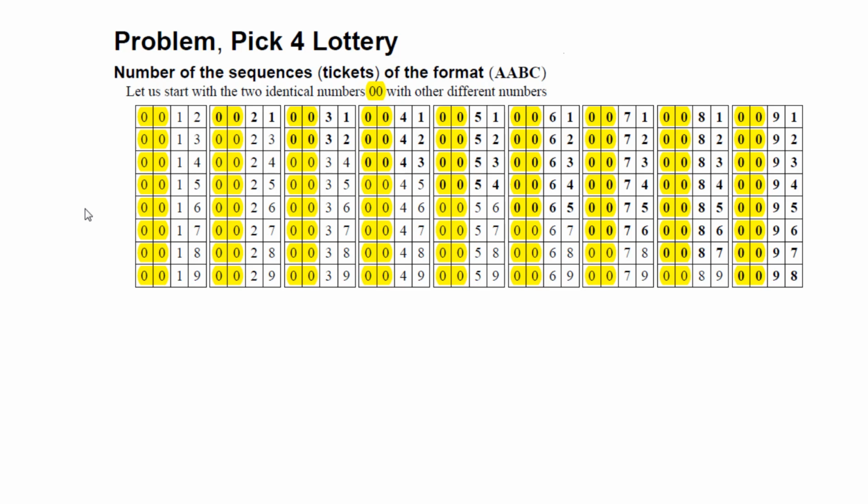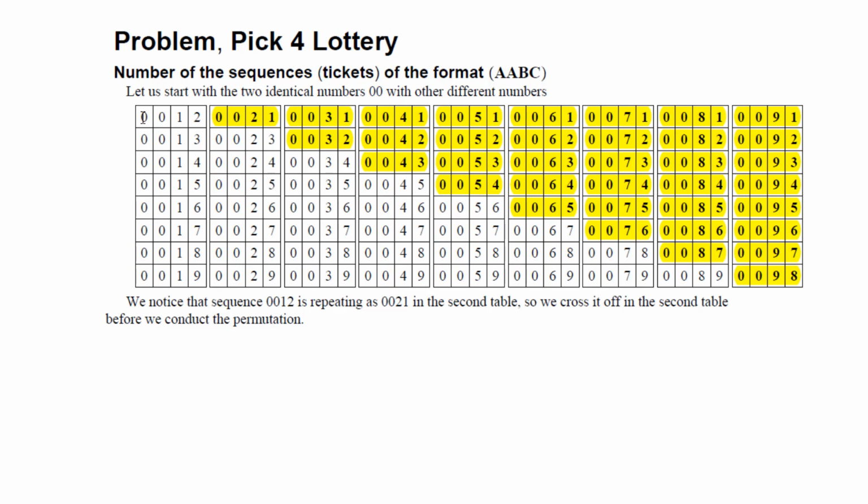But we have to notice something very important, that we have similar combinations. We have 0, 0, 1, 2 and 0, 0, 2, 1, and when we start to permute, let's say this ticket and this ticket, we are going to get a mutual element between them, so we are going to count the same element more than once.